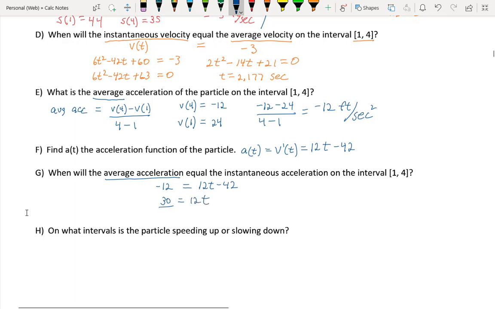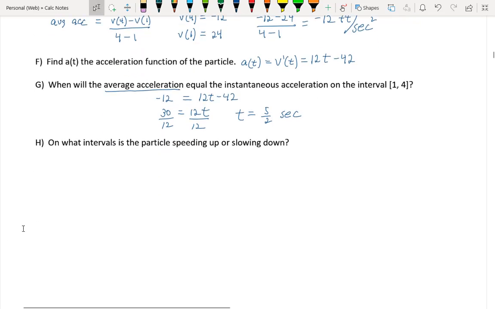We'll divide out 12 on both sides. So t is going to equal, what do we get? 5 over 2 if we simplify this. So 5 halves seconds. And actually we could leave it as 30 over 12 seconds as well, and nobody's going to say anything. Okay, so that'd be a perfectly fine answer as well.